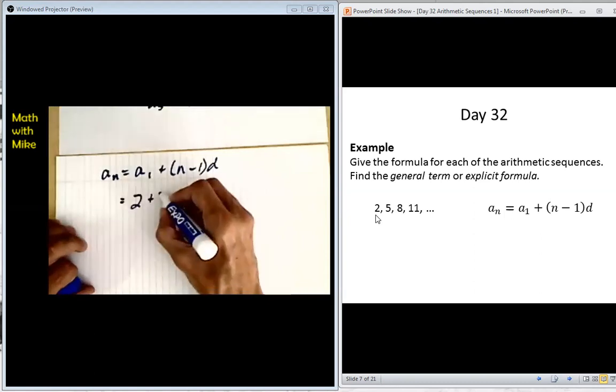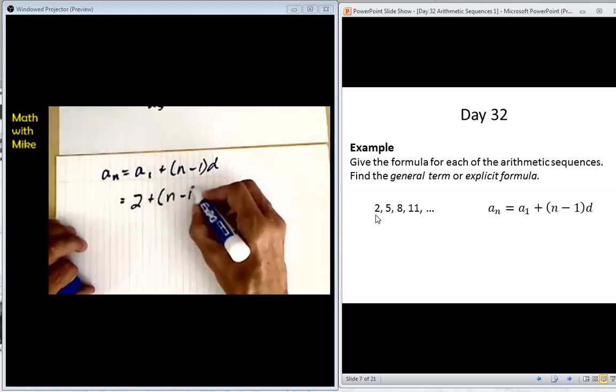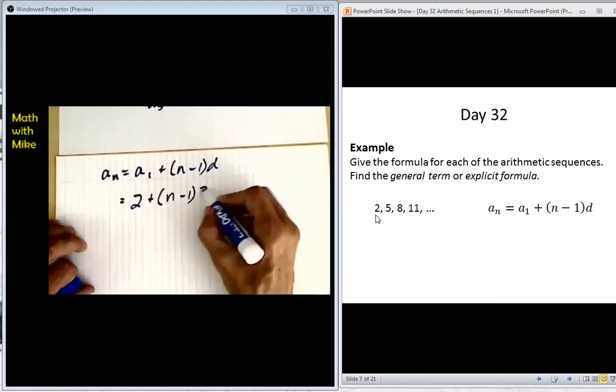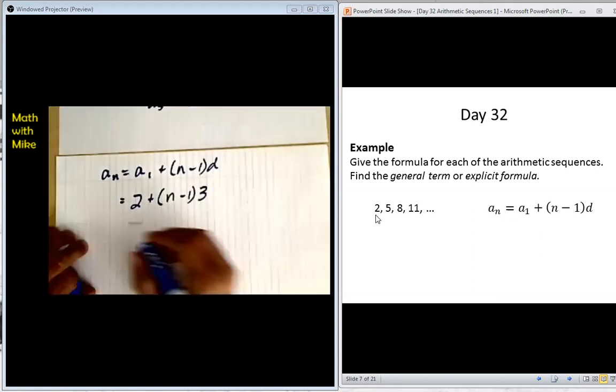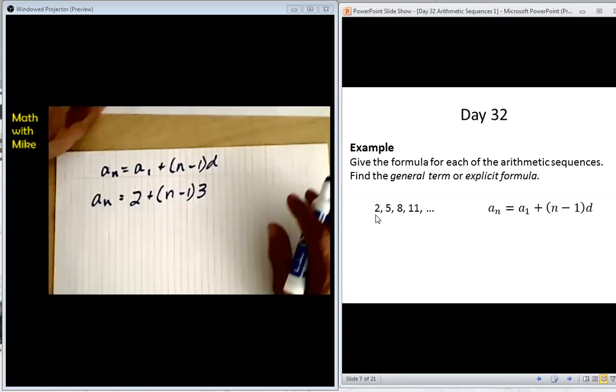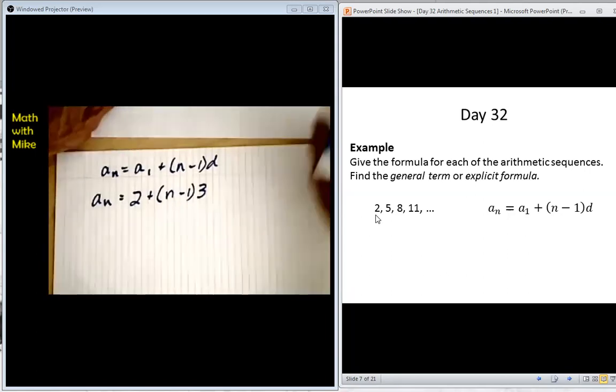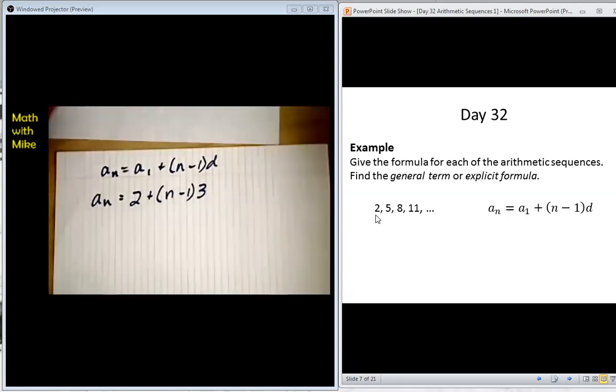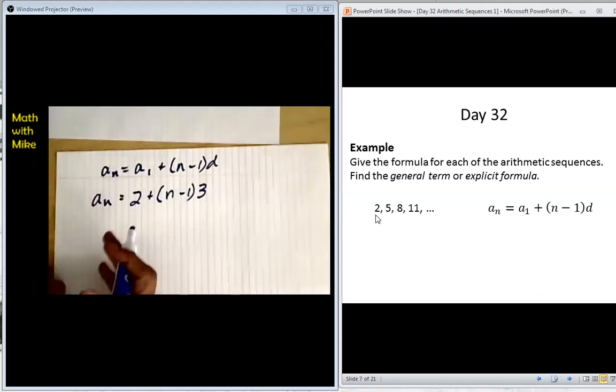We're going to keep N, and D we figured out is 3 from what we just did. AN is going to stay as well. So in order to provide the answer, you just simplify this. Multiply it out, and then that's it.